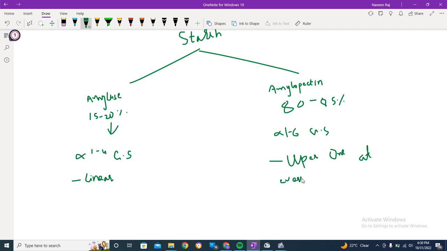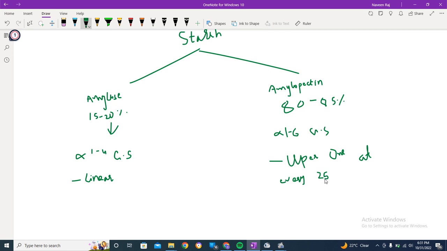These are very small but very important points. Every 25 carbon atoms, the amylopectin branch is present, and amylose is soluble in water while amylopectin is not.